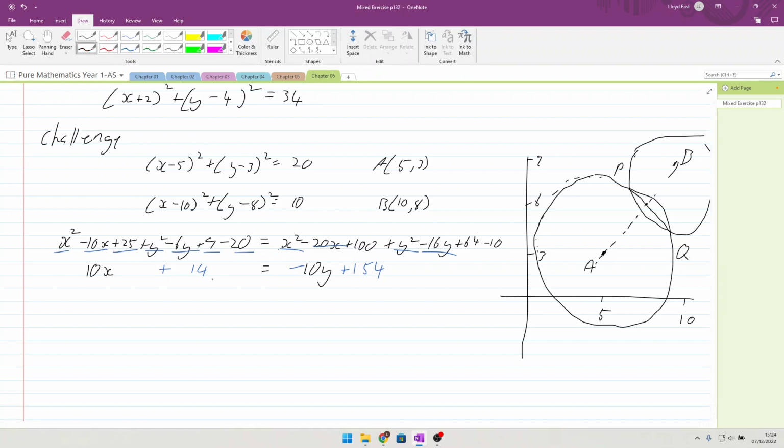To finish that off, 154, let's put it into the equation of 10x plus 10y minus 154 minus 14, 140, so minus 140 equals 0. Okay, that is the equation of PQ.